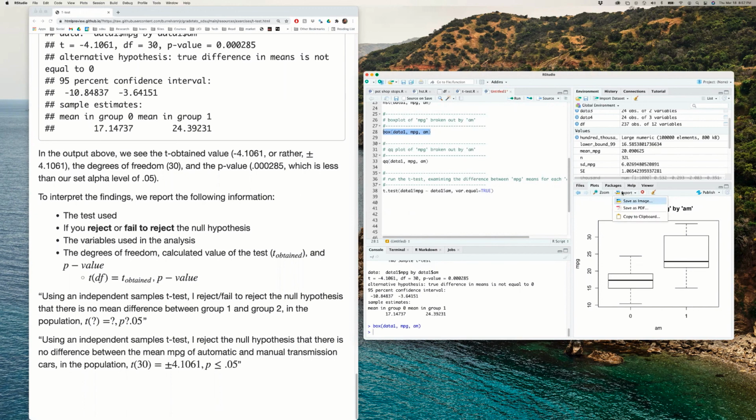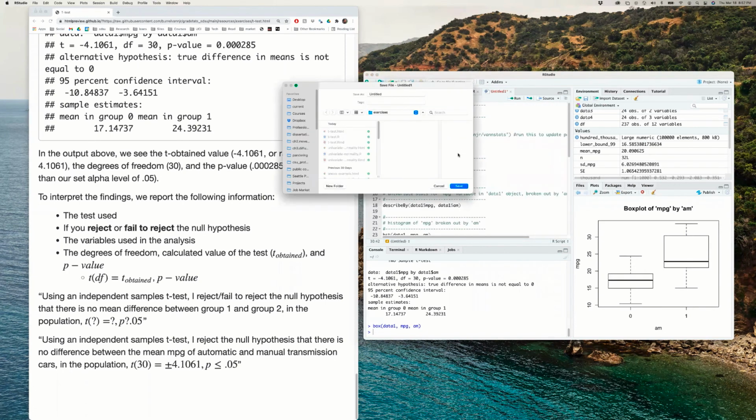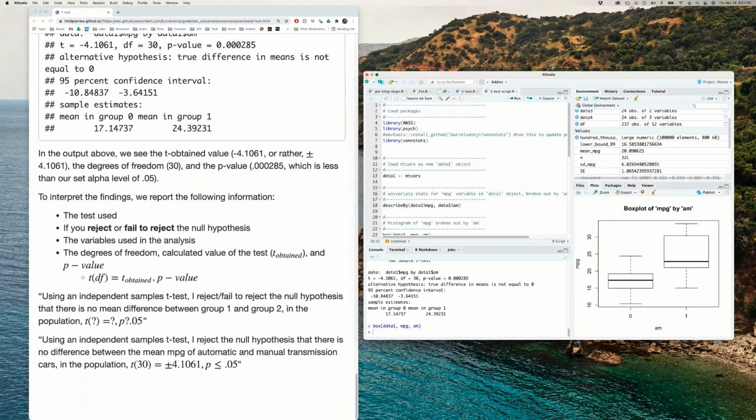It'll run, you can export, save the image, and you'll have that there. It'll save this left-hand image. You can press Control S. I'm going to go to my desktop, I have my PA606 folder, and I'm going to name it T test script. And now I have that, and I can use it at a later date.